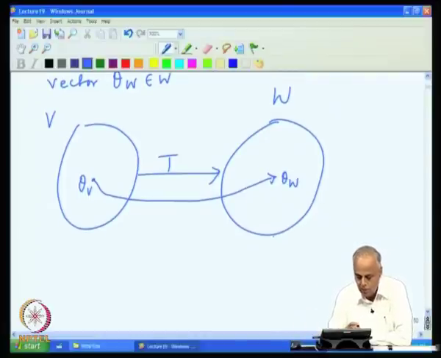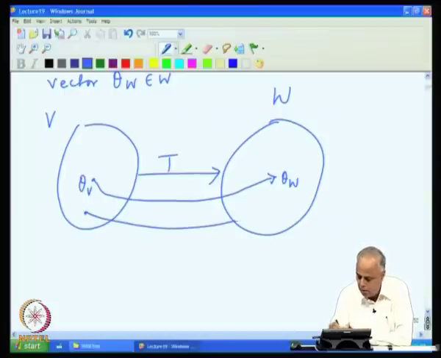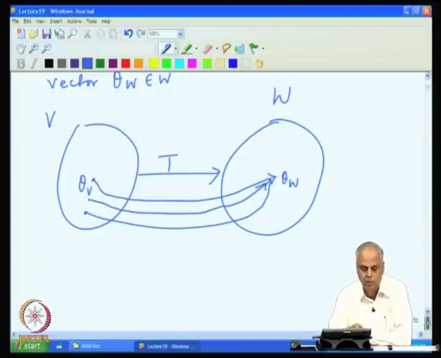Now, it may so happen that some other vector in V may also get pulled to the 0 vector.